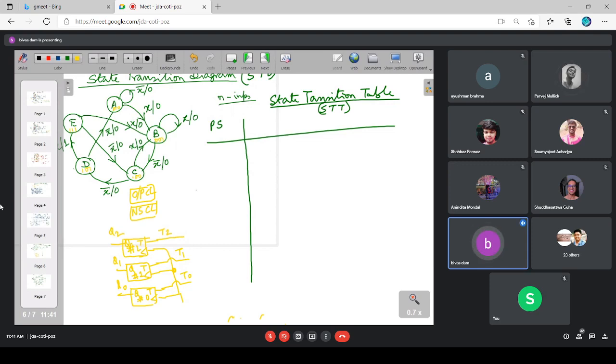If we are going for the Mealy machine, present input and present state. আচ্ছা আমি একটু সরিয়ে রাখি এটা। So what is the present input?